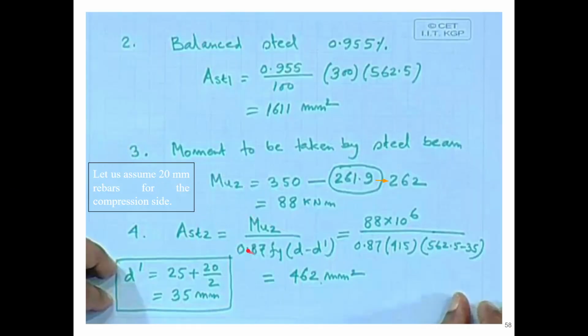So AST2 is basically Mu2 by 0.87 fy into d minus d prime. For d prime the value will be 25 plus 20 by 2, because this is 20, so it becomes 35 mm. Substituting all these values, we get the AST2 value as 462 millimeter square.